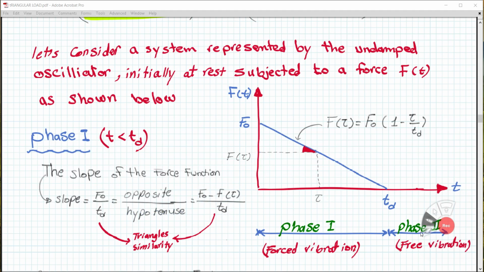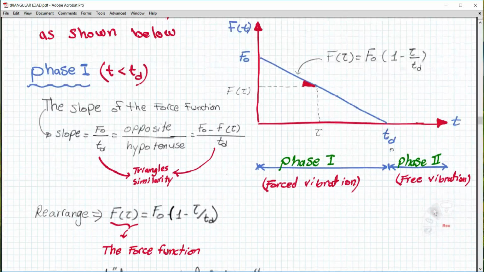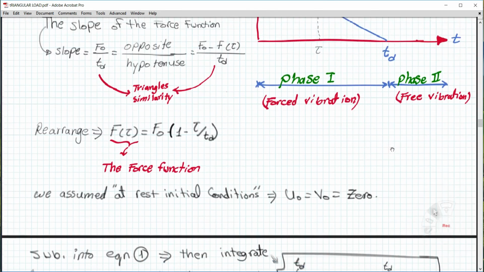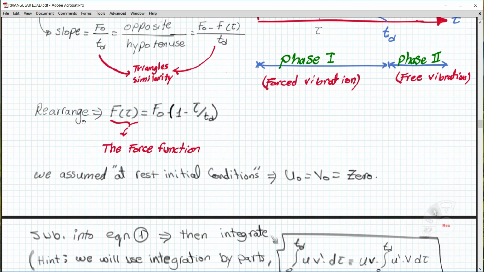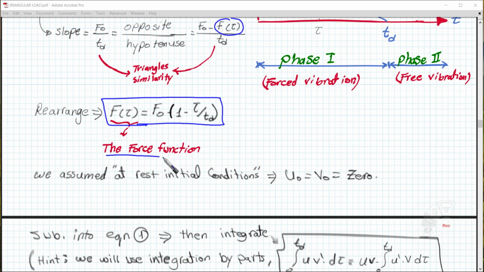So f of tau equals f node times 1 minus tau over td. This is our equation. This is what we call the forcing function, or the force function.